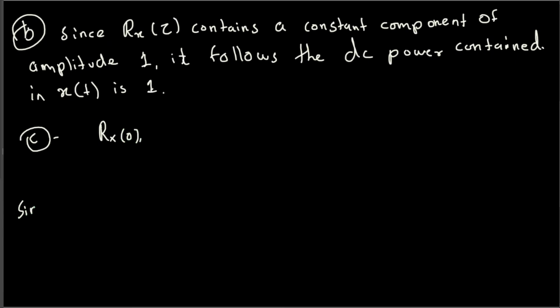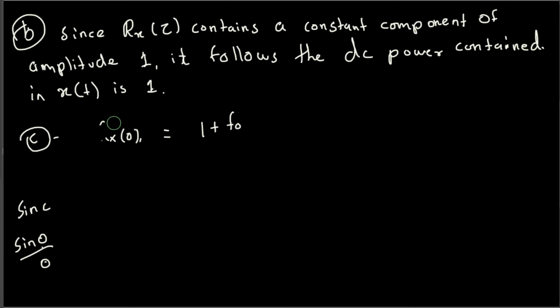Sinc is basically a function sine of whatever the value over the same value. So if you take R of 0, then sine 0 over 0. Okay, so that part will be gone. Then the part that will be left after Rx of 0 is just 1 plus f naught.